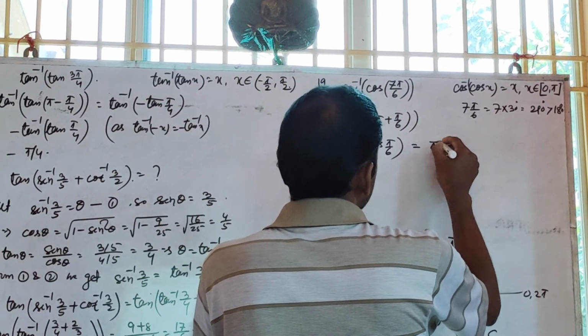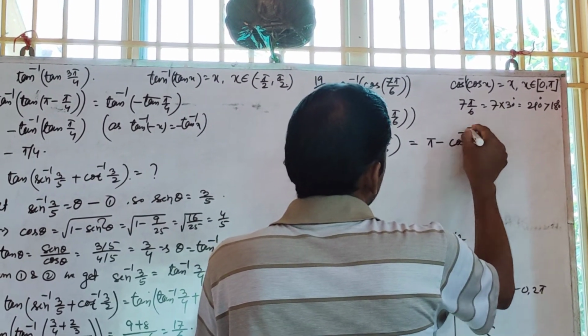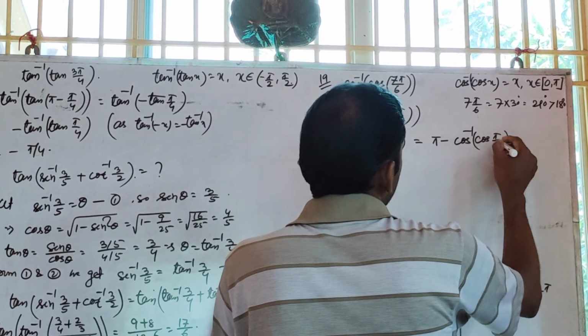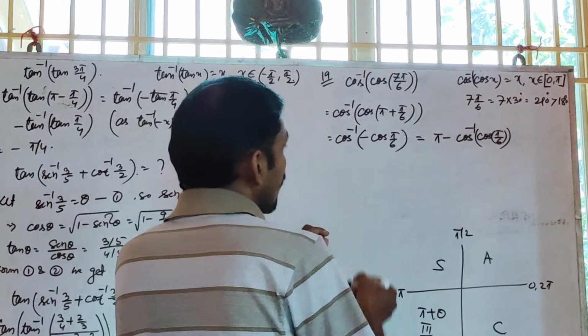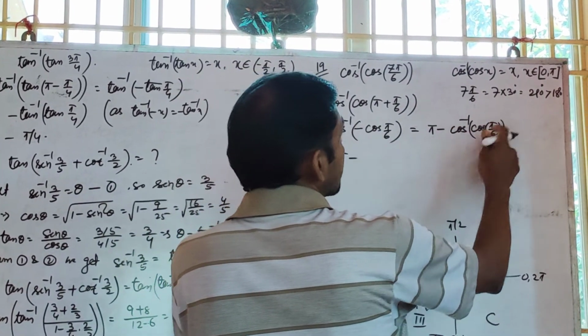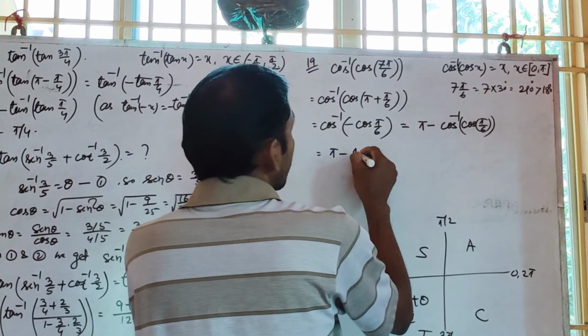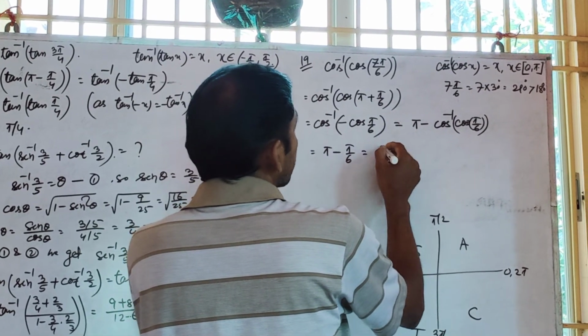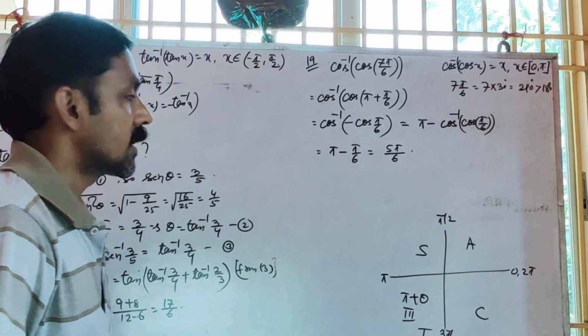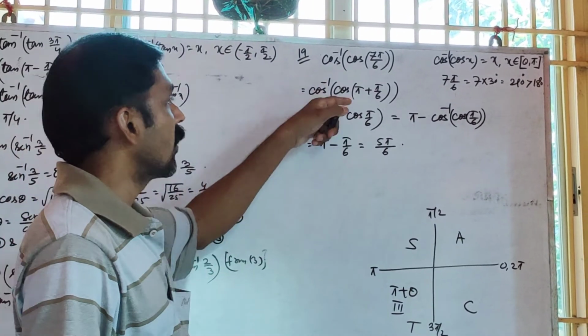So you can write it as pi minus cos inverse of cos pi by 6. This equals pi minus cos inverse of, now pi by 6 lies between 0 to pi, so it will be pi by 6. So pi minus pi by 6 is 5 pi by 6. Okay, so this is the value of this.